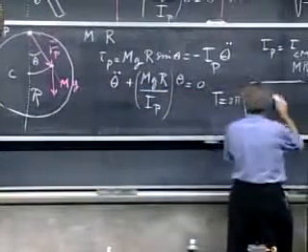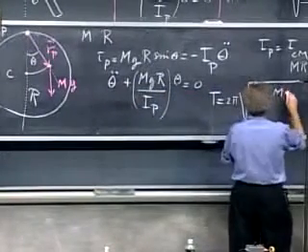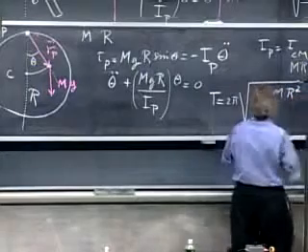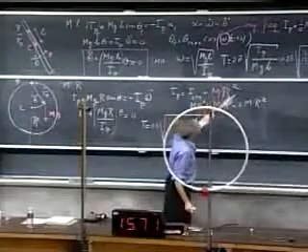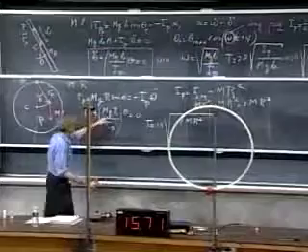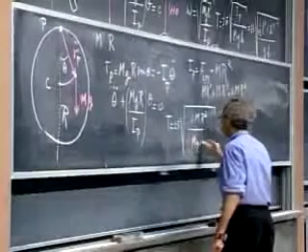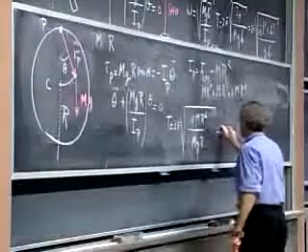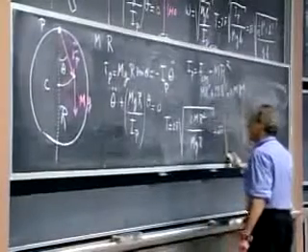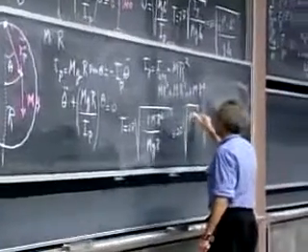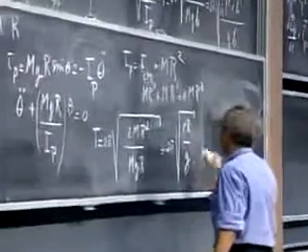But IP is 2mr squared. So that is 2 pi times the square root of 2r over g.